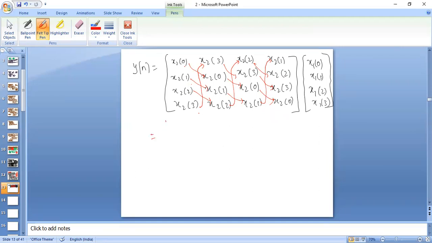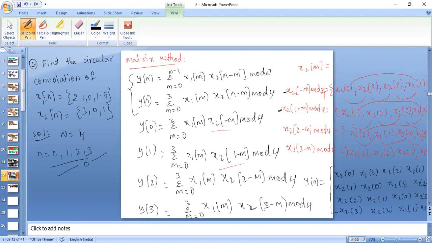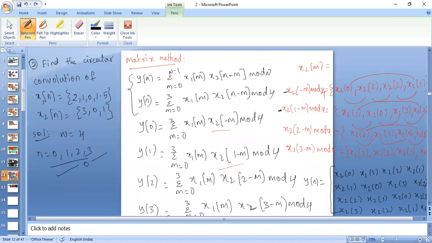So what is x2 of 2 here? Tell me the values of x2 of 2. x2 of n is equal to 3, 0, 1, isn't it? We need to make the length of both the sequences equal, so this value should be equal to 3, 0, 1, 0.